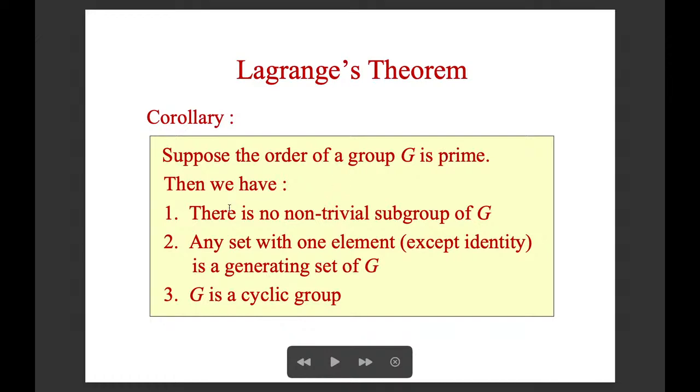So all the subgroups of G are trivial subgroups. What are the trivial subgroups? A subgroup that contains just the identity item is a trivial subgroup, and the subgroup that contains all the items is also a trivial subgroup. So when the order of a group is a prime number, this group doesn't have any special subgroups. There are just two of them, both very trivial: the identity one and the group itself.